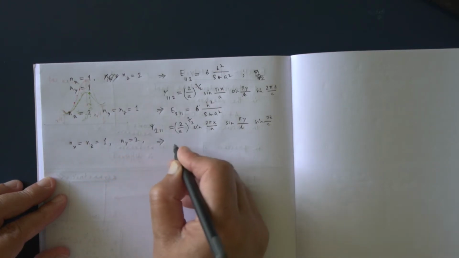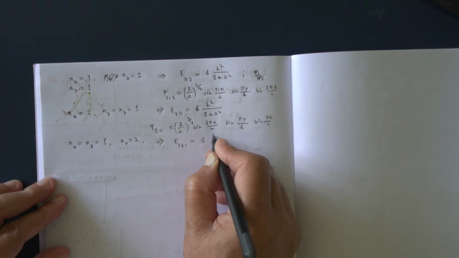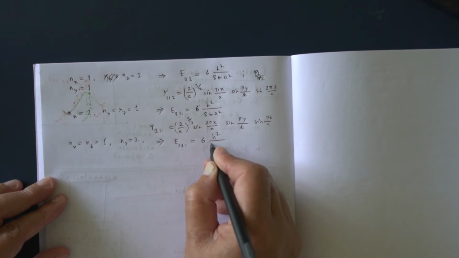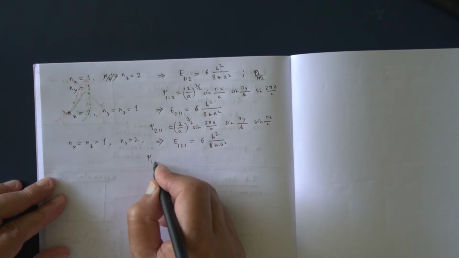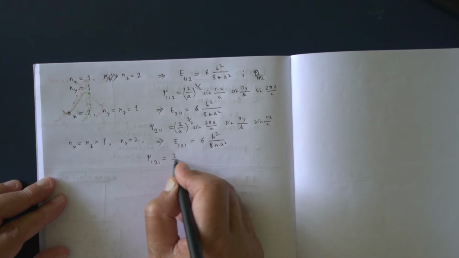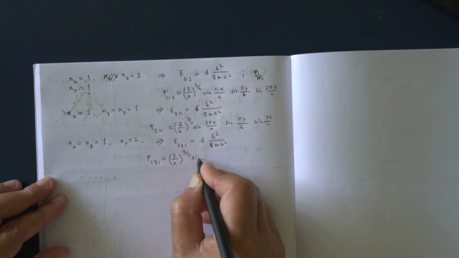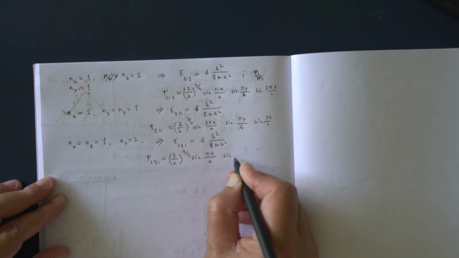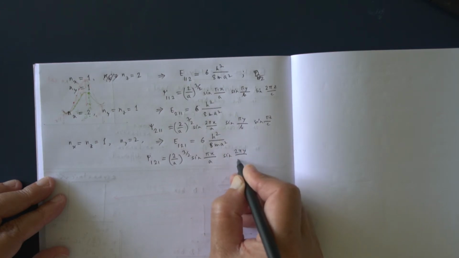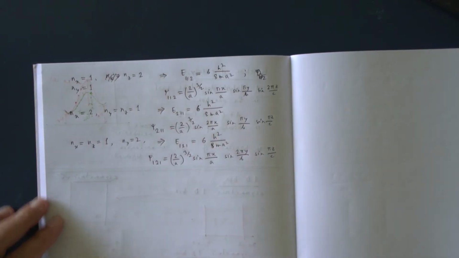So the energy will be the same, 6 h square by 8 m a square, and the corresponding wave function will be root of 8 by abc, that is (2 by a) to the power 3 by 2, sine pi x by a, sine 2 pi y by b, and sine pi z by c.